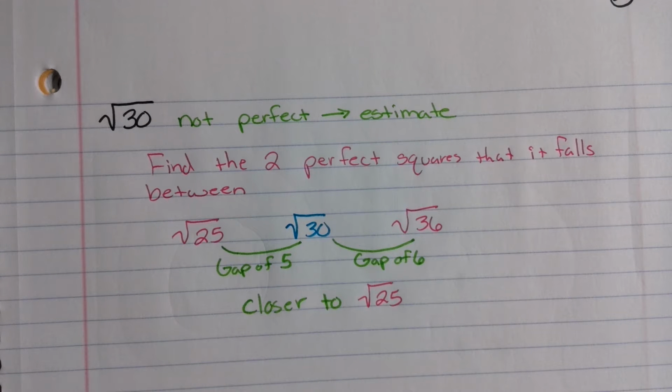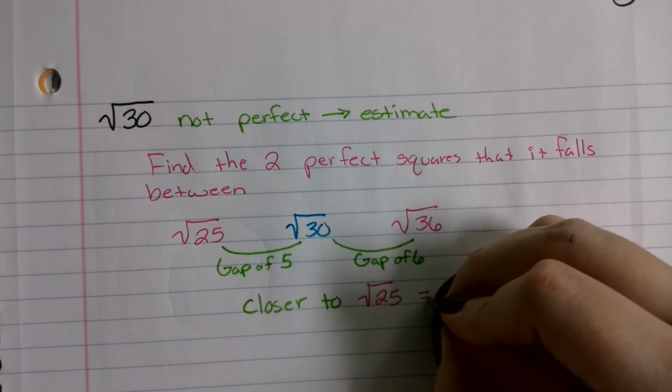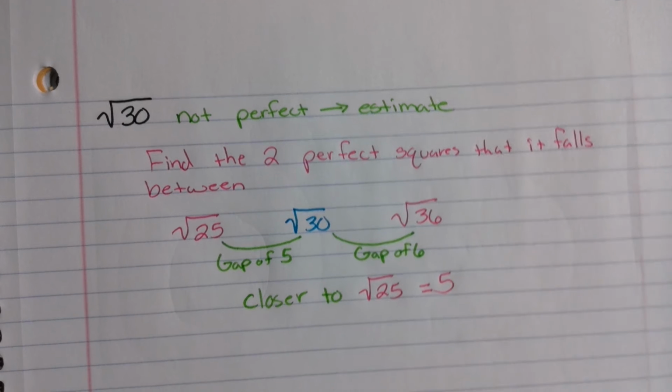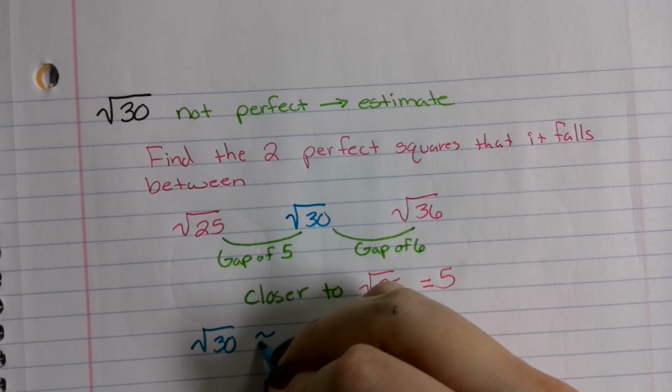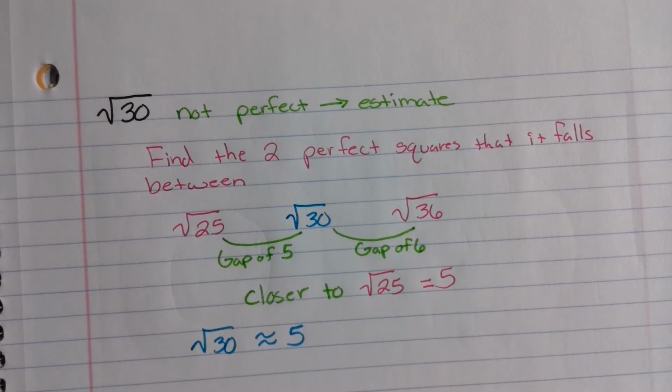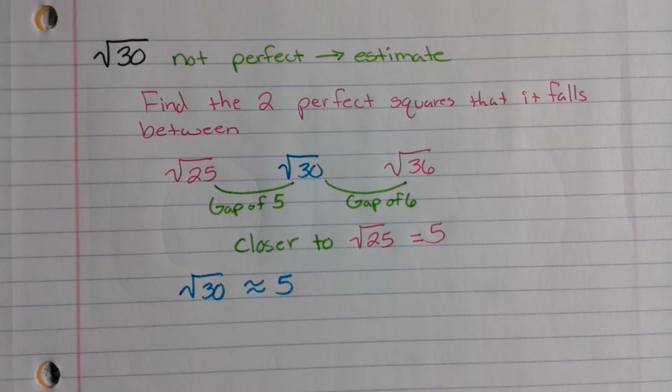And square root of 25 is what? 5. So that means that we approximate that the square root of 30 is approximately 5. We know it's not exactly 5. It's approximately 5. That's the way that you would estimate without the use of a calculator. You identify the perfect squares that are around it, see which one it's closest to, and go with that.